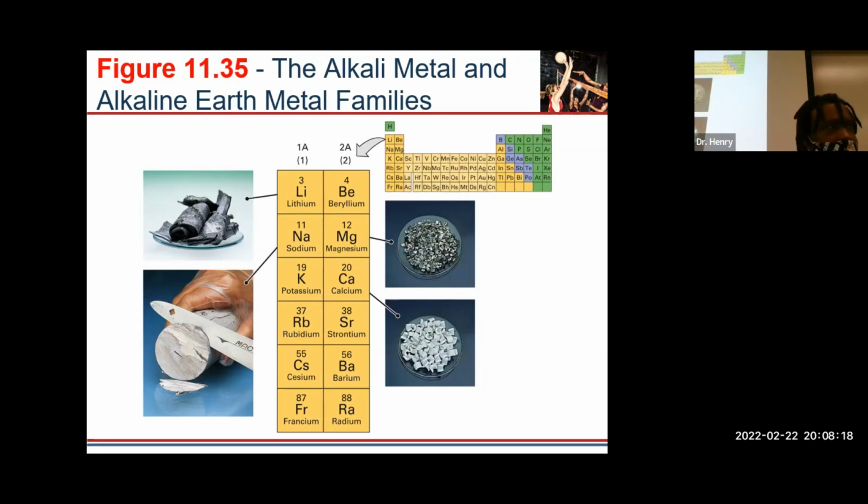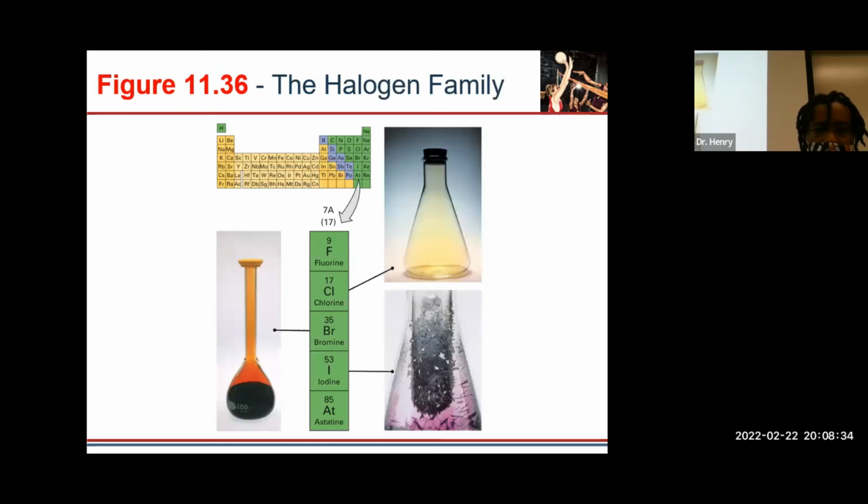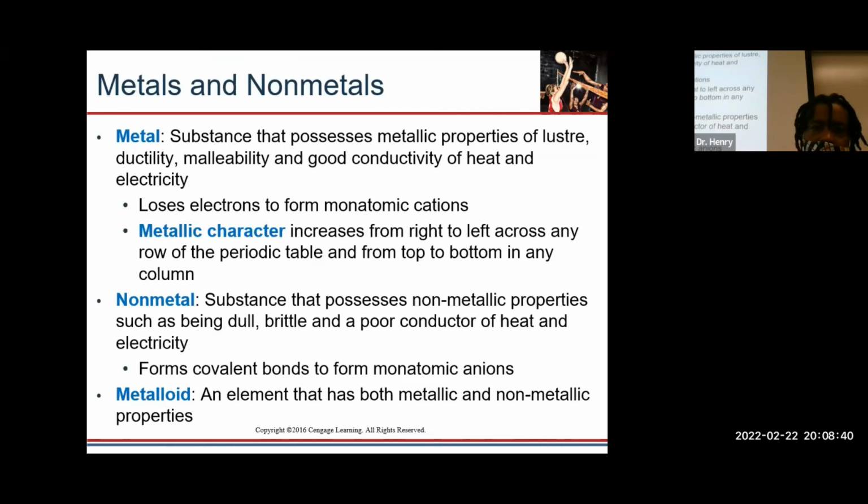On the left-hand side, we have the metals. So we have noble gases, which are going to be non-reactive. They're going to have 8 valence electrons, or they're going to be full. So these are the halogens. So that's a group there, group 17.